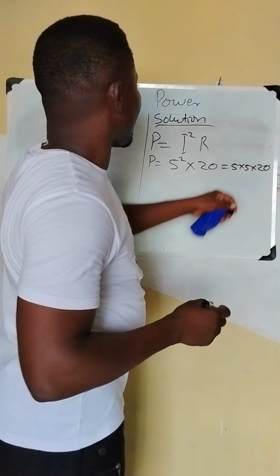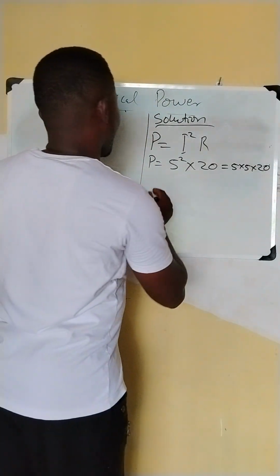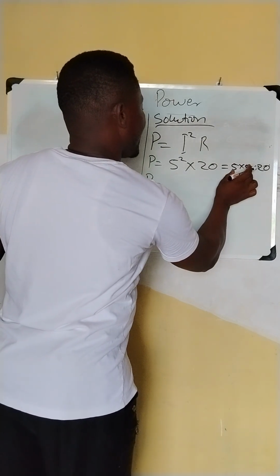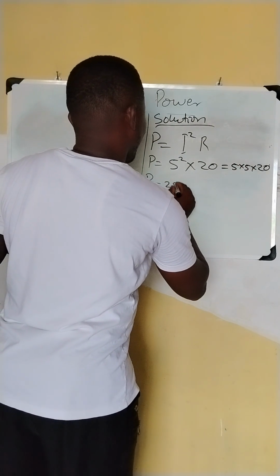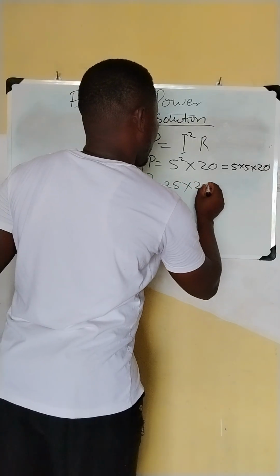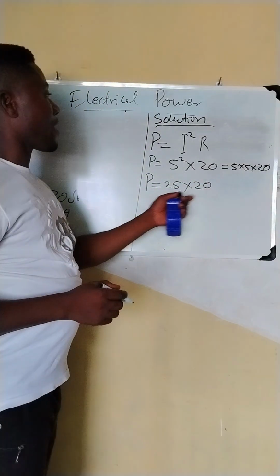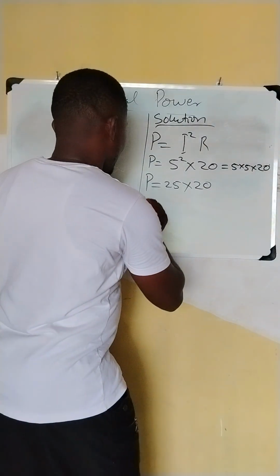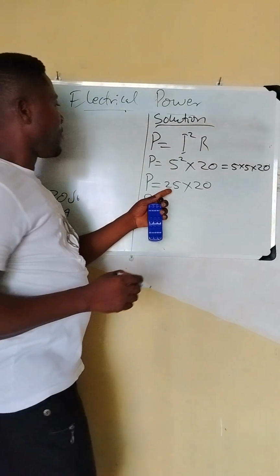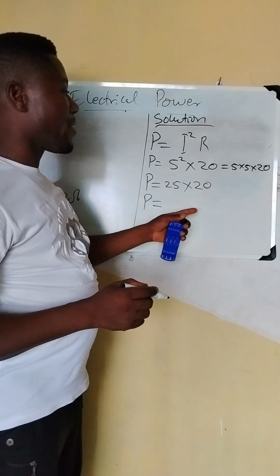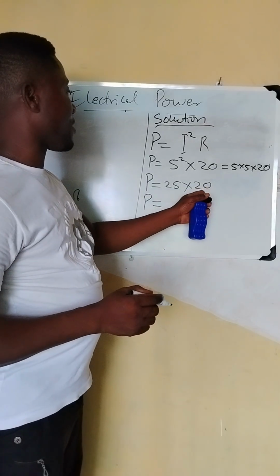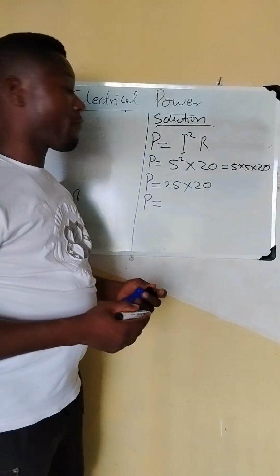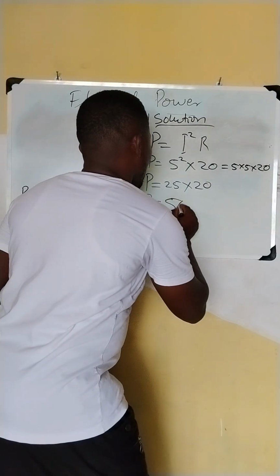You know that 5 times 5 is 25. I want to write it this way so that everybody will understand. 5 times 5 is 25, then multiply by 20. If you multiply 25 by 20, you know that 20 times 5 is 100, so 100 by 5 will give you 500.